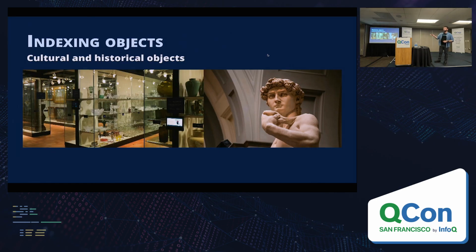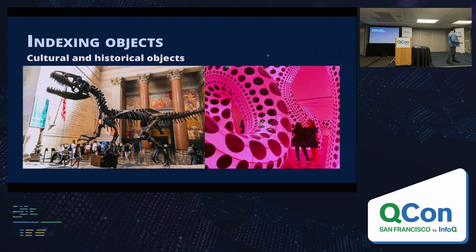Let's talk about a different object storage facility, like a museum, where we don't really know what kind of samples are coming in. If you have a new sample coming in, it could be a statue, it could be an archaeological artifact, it could be a postmodern sculpture of the Kraken or dinosaur bones. How do we index these things in a way that they're easy to search? It's very hard.